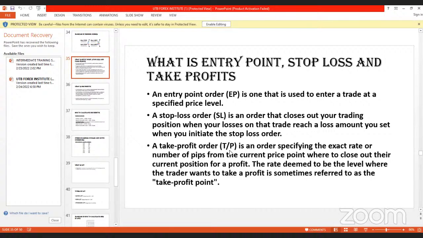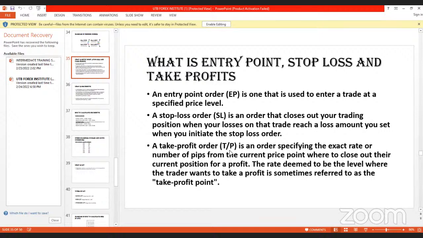Either you're using an instant execution, that's entering at the current market price, or you are using a pending order where you need to specify your own buying or selling price. As long as that market has triggered, you're in the market, that is your entry point.